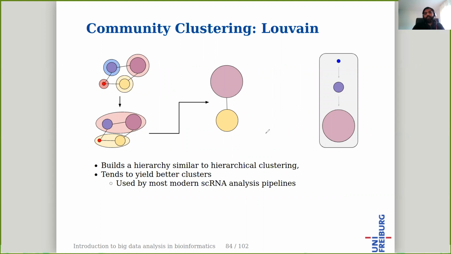So this is kind of hierarchical clustering, as we've seen before. This is one of the most used clustering algorithms in single cell data analysis, and in general it yields better clusters than the other algorithms.